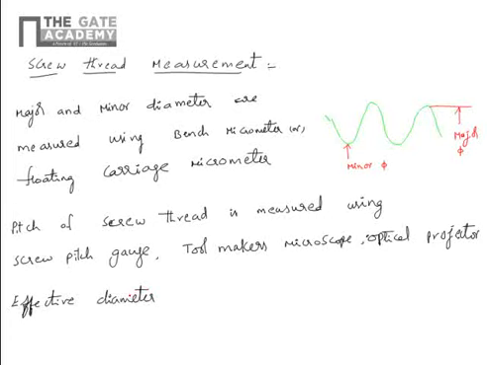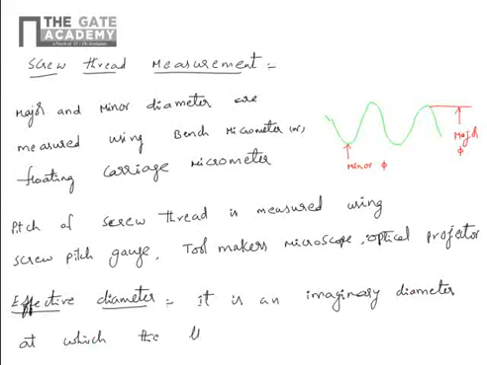Effective diameter is an imaginary diameter at which the thickness of thread is equal to the gap between threads. This is called effective diameter.